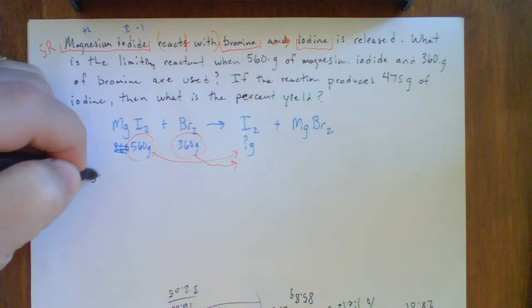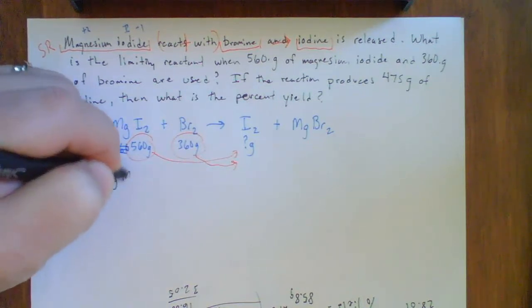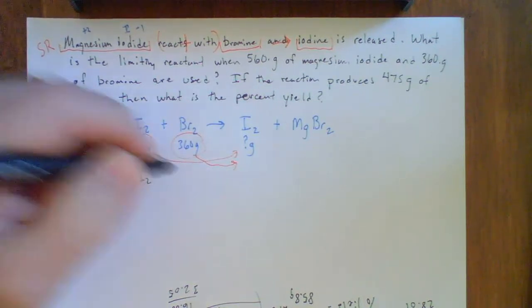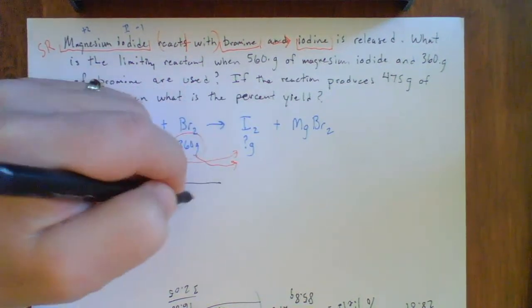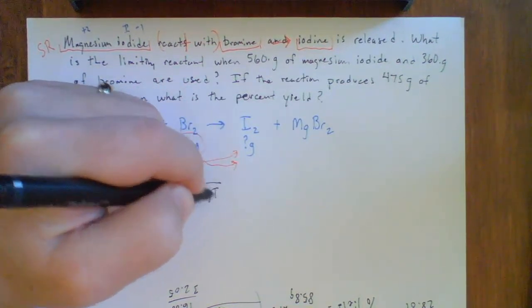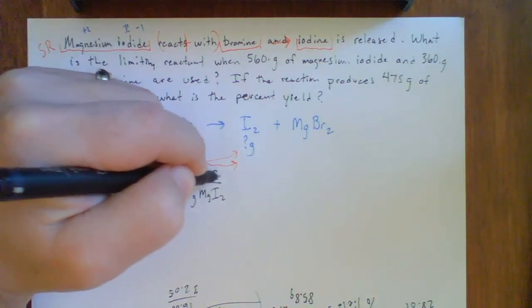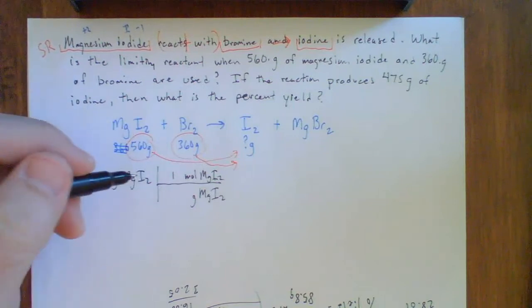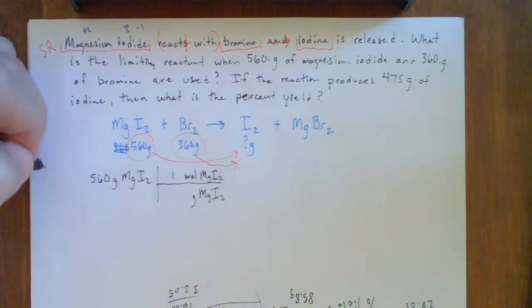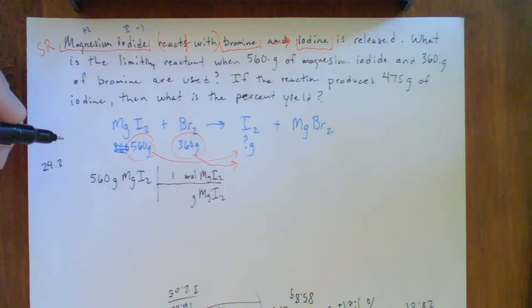So I'm going to start with the 560 grams of MgI2, and we're going to convert our grams of MgI2 to moles of MgI2, and this is where we have to look that up on our periodic table. So magnesium is 24.3 and iodine is 126.9.